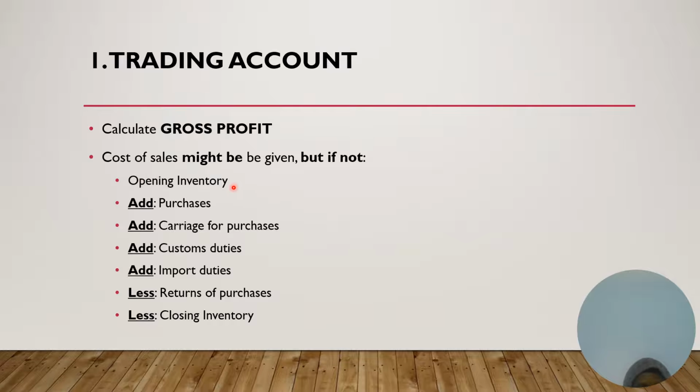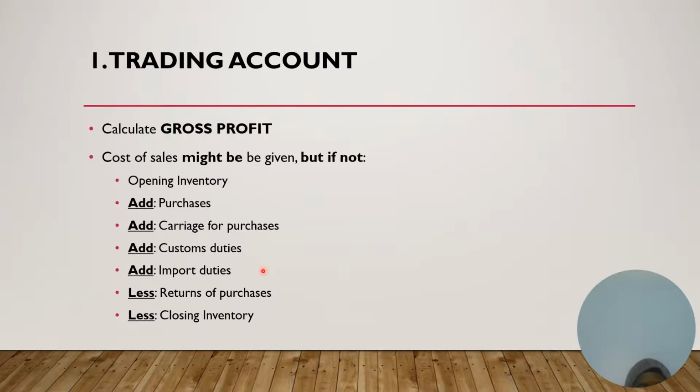You take your opening stock or opening inventory. You add the purchases. If there are any costs related to the purchases, like the carriage for purchases, that means the transportation of your purchases, you add it. And then you add also, if for instance you have bought the goods from other countries, you pay the custom duties, that is the cost.